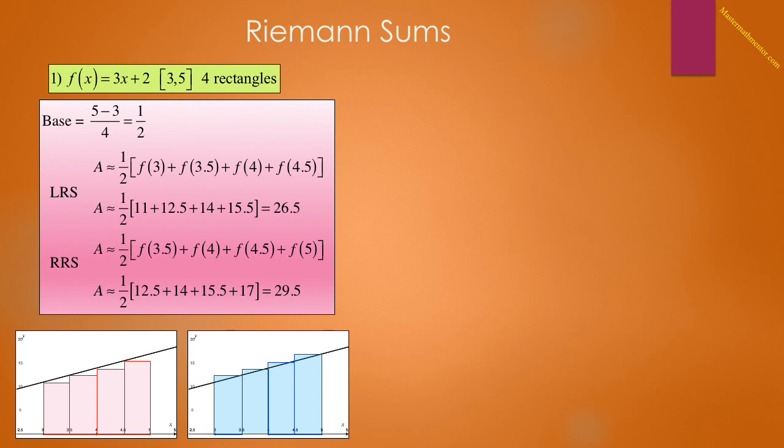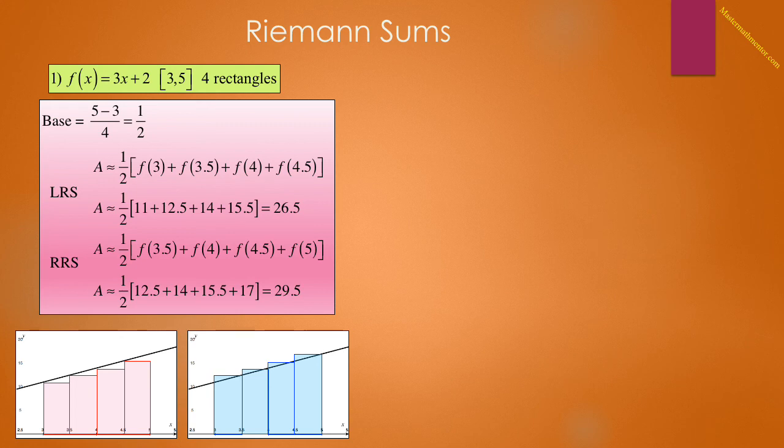So let's determine the area under the curve f of x equals 3x plus 2 on the interval 3 to 5 with 4 rectangles. Our base will be the difference between the left and right x value, which is 5 minus 3, divided by the 4 rectangles, and the base is 1/2.